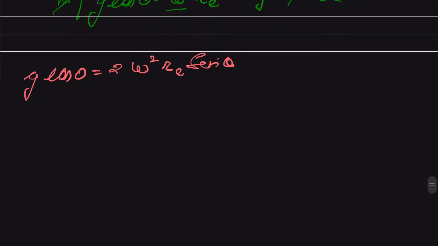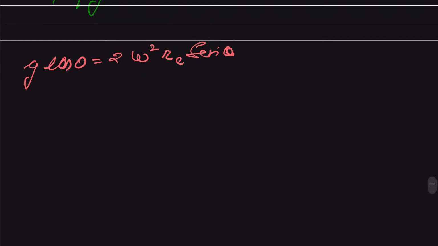So now it's almost done. So we get this as omega square is equal to g cos of theta divided by twice Re sine of theta. But we are also given an approximation.